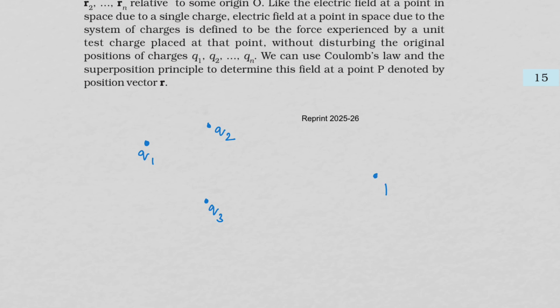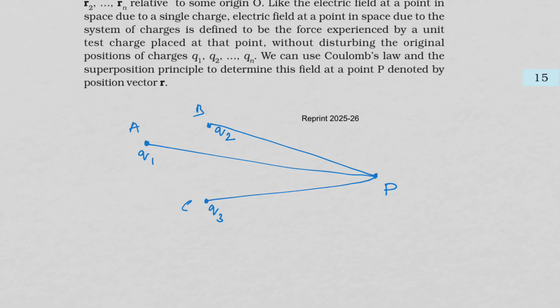Let this point be P, and let the other points be A, B, and C, where the charges are placed. All these radial vectors can be named R1, R2, R3.